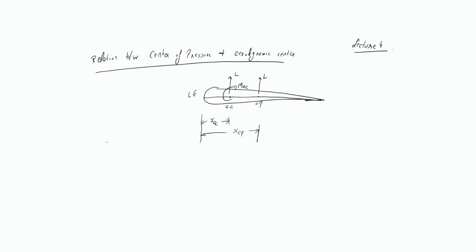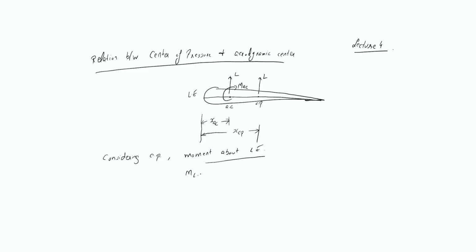So now, first we will consider the center of pressure. Then moment about the leading edge. If you consider the center of pressure, then how can we write the moment about the leading edge?